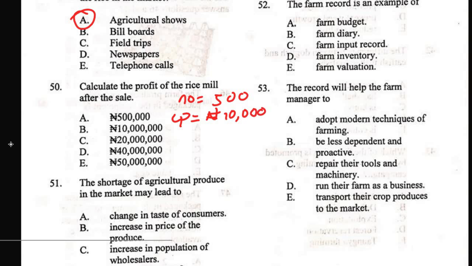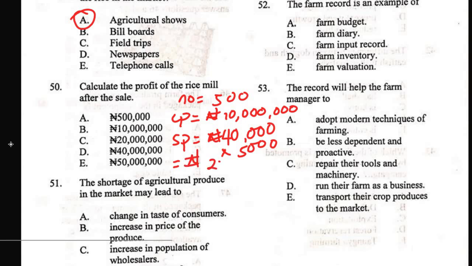They plan to sell at 40,000 per bag, so the selling price will be 40,000 times 500 bags, which gives about 20 million.